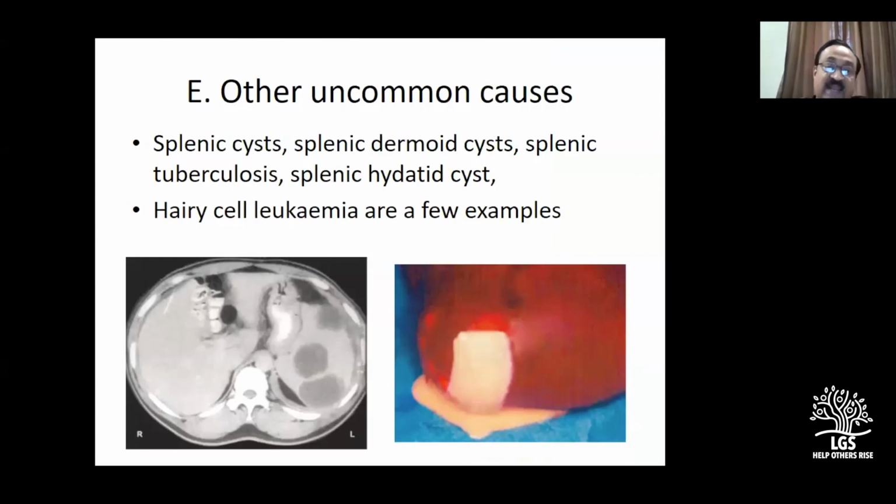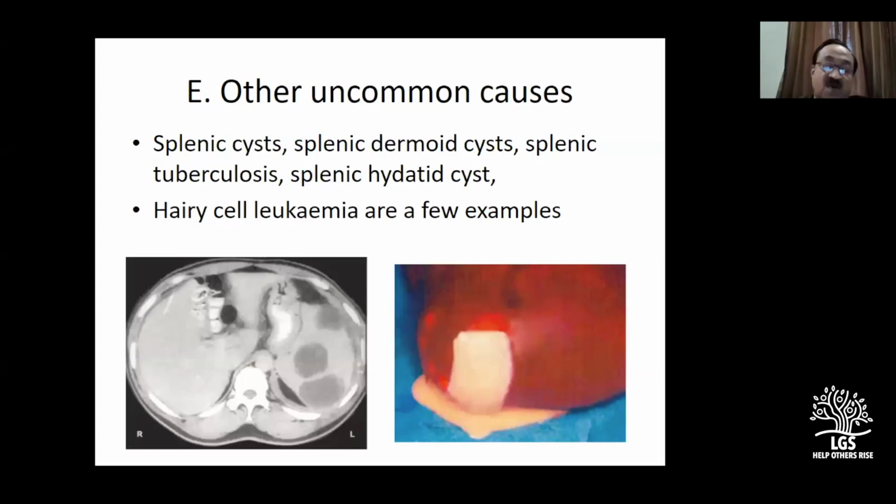Rarely splenic cyst, dermoid cyst, hemangiomas, tuberculosis, and splenic hydatid have all been mentioned for the sake of completion. But I repeat, you have mild, moderate, and large spleens here. ITP gives the mild one. Moderate spleens are in portal hypertension, very important, extrahepatic as I mentioned to you, and hereditary spherocytosis.